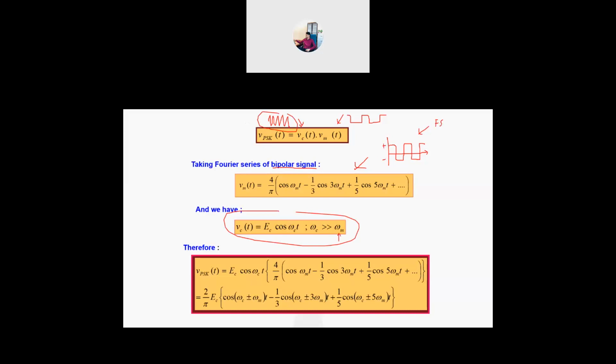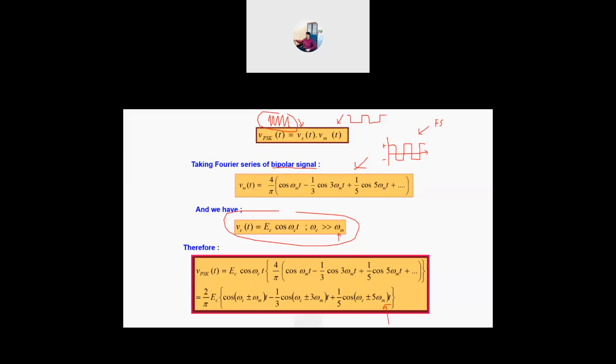Therefore, for BPSK, we're going to have the multiplication result: EC cos omega CT times 4 over pi and so on, and we simplify, you're going to have 2 over pi EC cos omega C plus minus omega m and until 5. If the question wants until 5 harmonics, it means only until 5 harmonics.